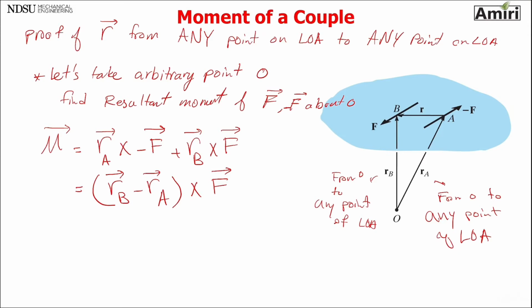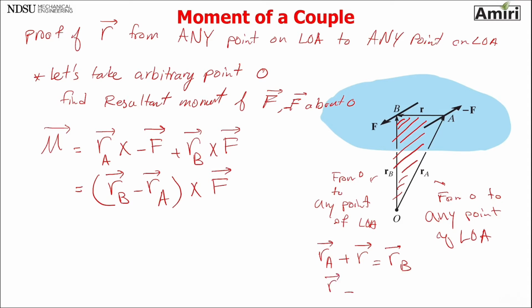Okay, so you have to go way back to where we started looking at operations of vectors. If you look at this triangle here, I can see that R A plus R equals R B, the triangle rule. So let's rearrange this.